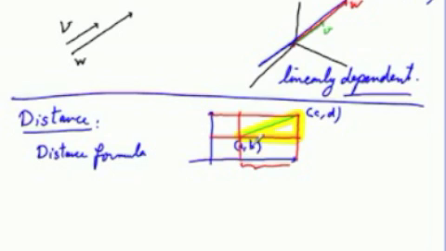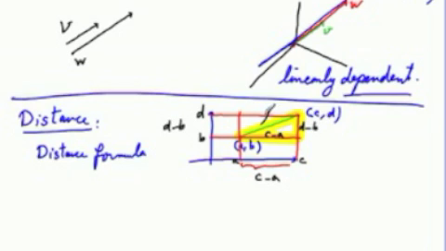So we say this leg, I'm going from point A to point C. So how long is it? C minus A. This leg, I'm going from height B to height D. So how long is that one? D minus B. So what is left? I have this one as C minus A, this one as D minus B, and I want to figure out the length.